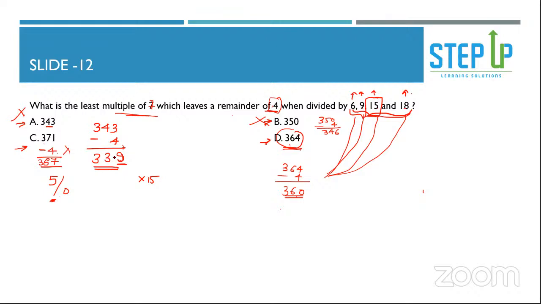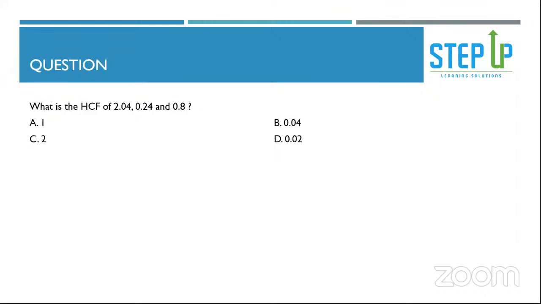When it is ending with 9, I'm sure that number will not be divisible by 15, so I moved on. 350 minus 4 is 346. The number is not ending with 5 or 0, so I moved on. 371 minus 4 ends with 6, 7. It's not giving me 5 or 0 at the end. So hence the answer is 364. Okay, we'll move to the next one.